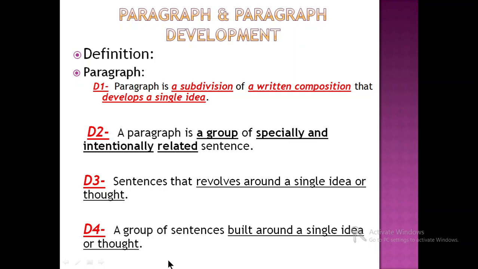Some sentences which are placed together in a group, and they are built specifically to say something about a single idea, a single thought. That's all. Is that clear? So these were 4 different definitions. It's up to you which definition you like and the understanding you have in your mind. If you understood this clearly, it's up to you in what way you use your own words to define it. Is that clear?